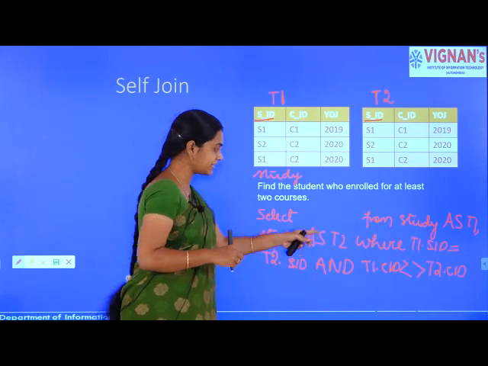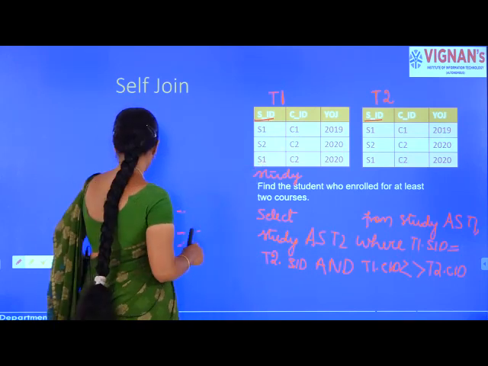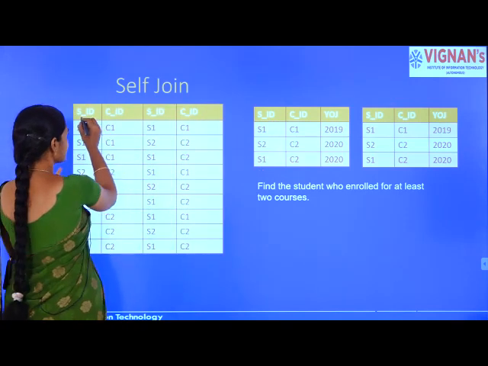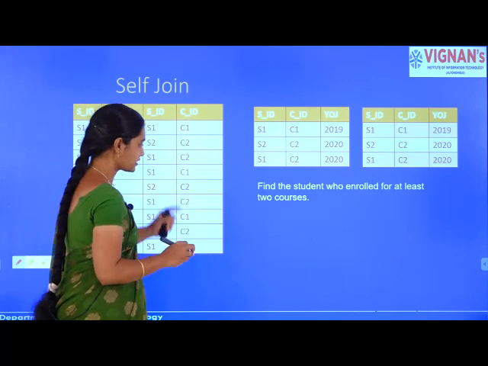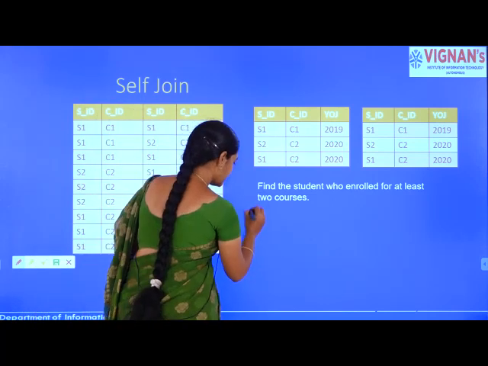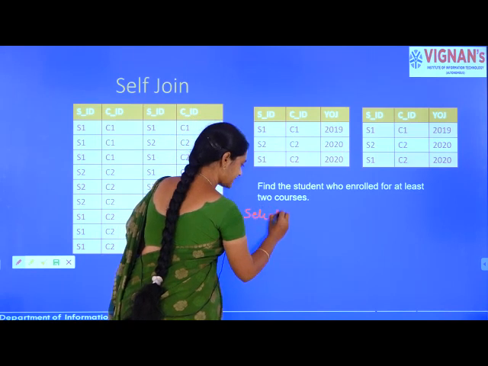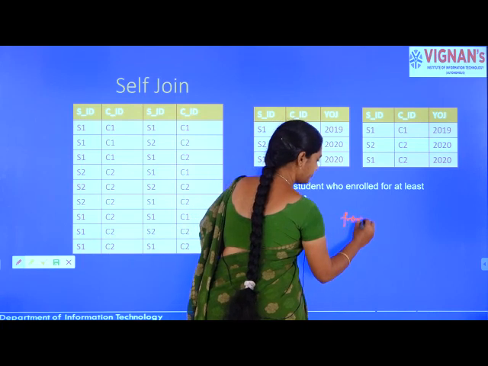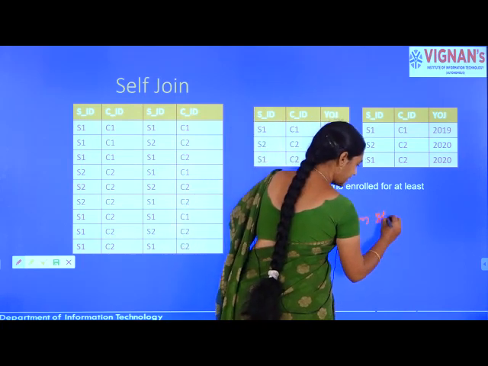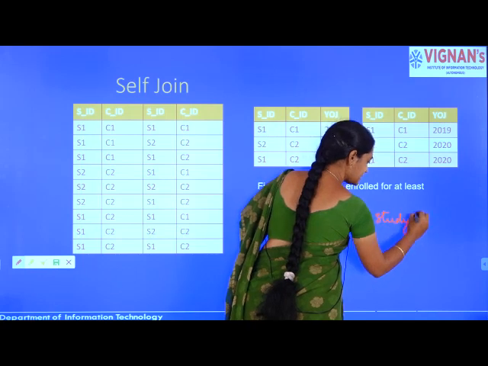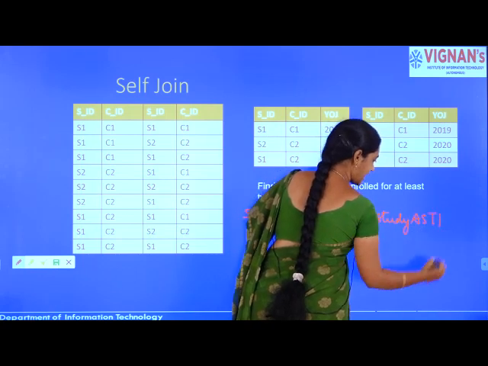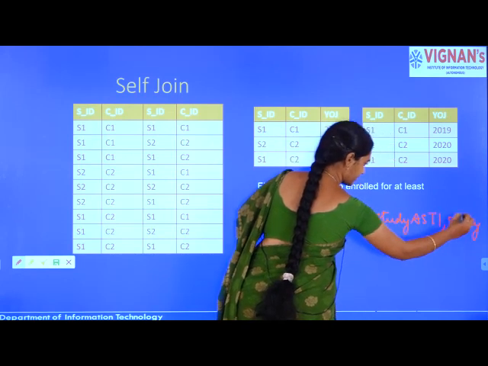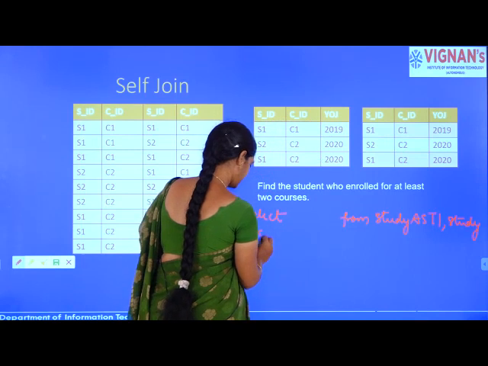Okay, right. Now we'll see what the cross product between these two tables is. So how do I write the query here? Select, we'll write that afterwards, from study as T1, comma, study as T2.